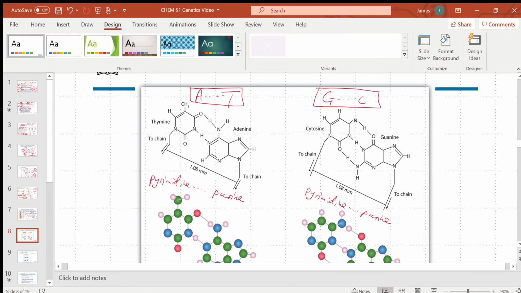And this should say nanometer. So that's a little typo there, nanometer. Okay, and we can see the hydrogen bonding here.